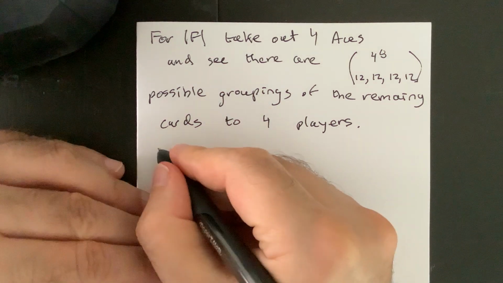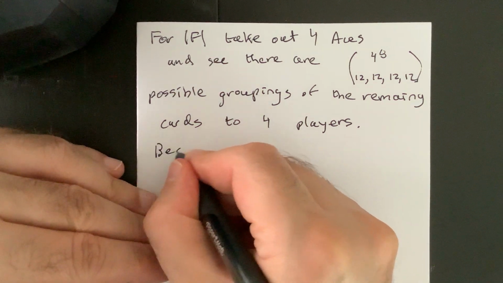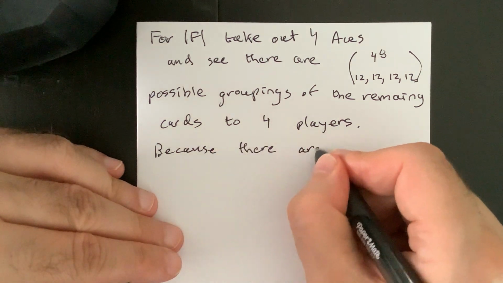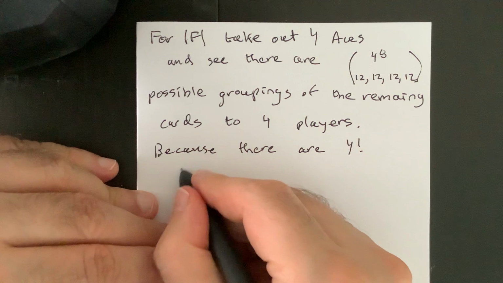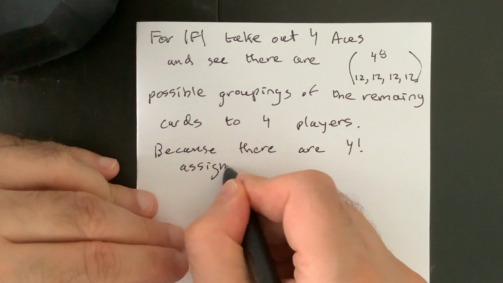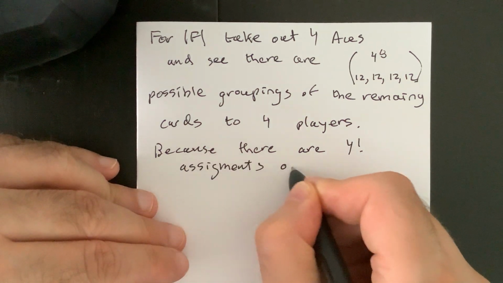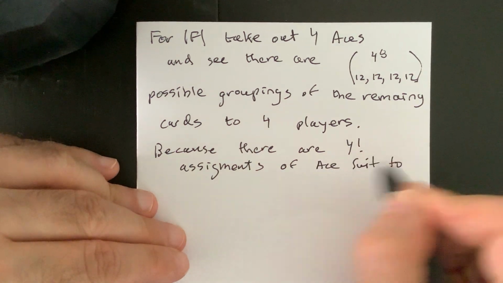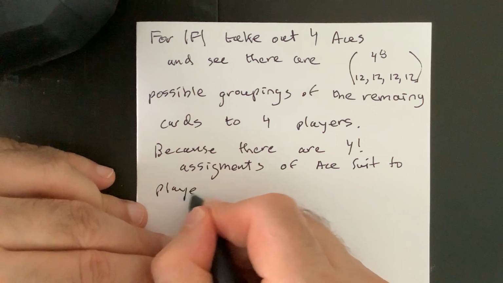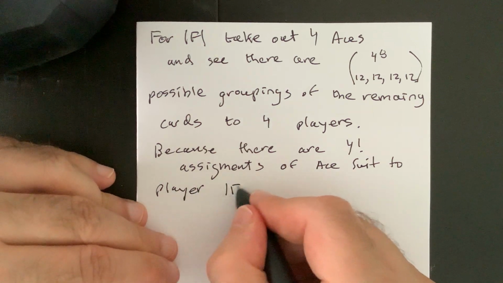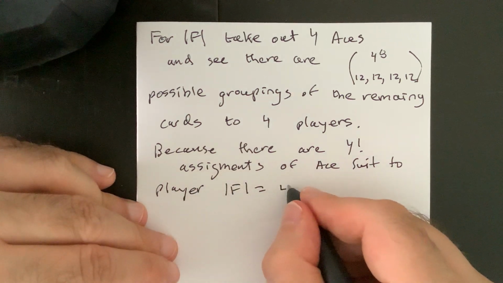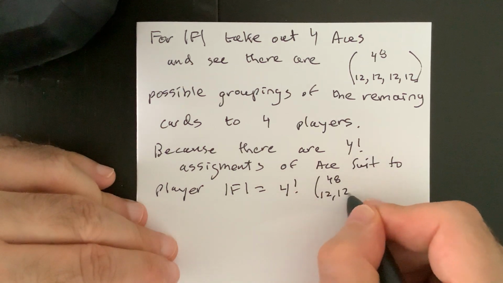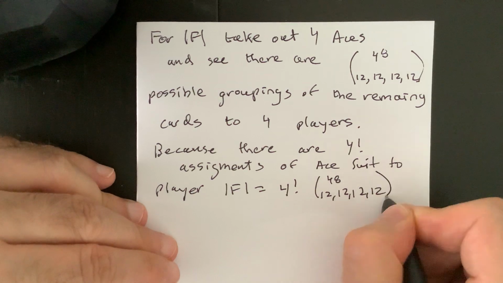So also because there are 4 factorial assignments of ace suit to player, we have that F is equal to 4 factorial times 48, 12, 12, 12, 12.